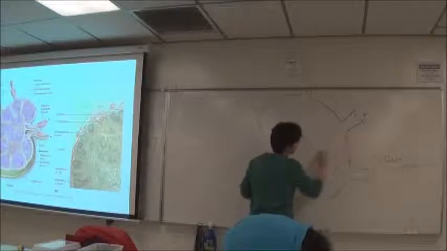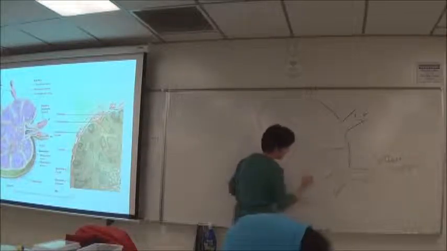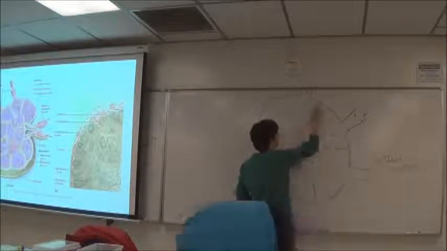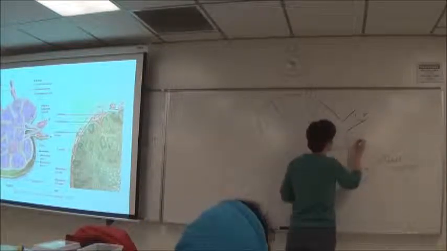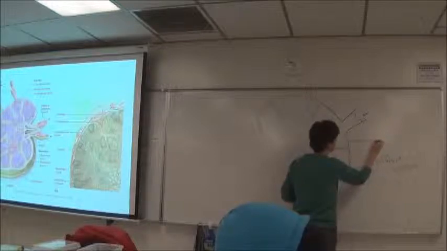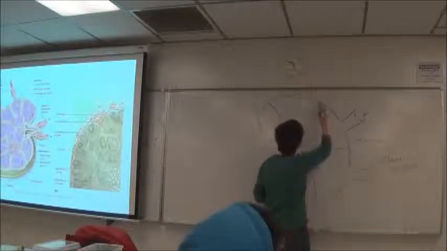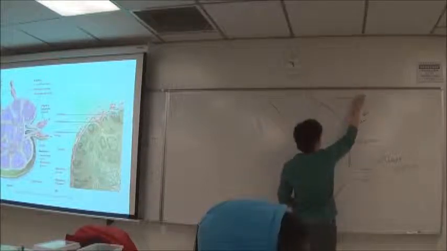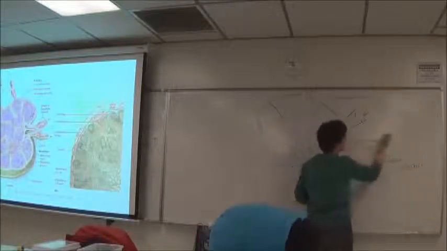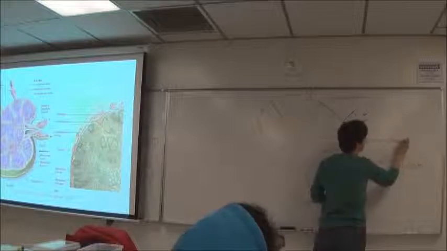The capsule also extends down towards the center of the lymph node. And these are identified as trabeculae, still dense irregular connective tissue. Kind of like the segments we talked about with the testis, but not as many.